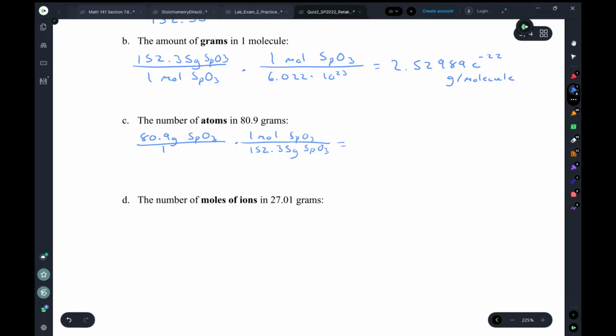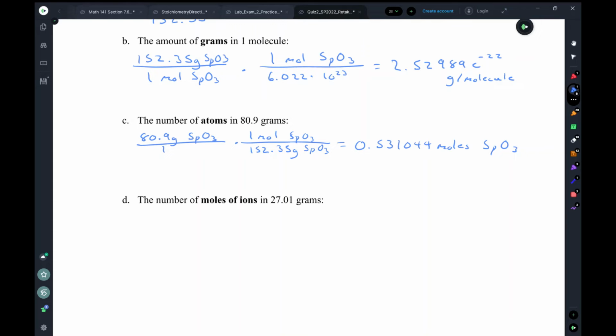We find the moles, and this will give us 0.5531044 moles of SpO3. We're not finished yet. Then we'll simply multiply the amount of moles by Avogadro's number to obtain its molecules.